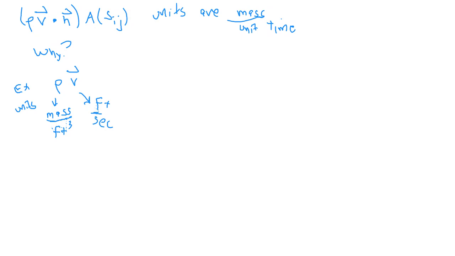So what's going to happen is that this becomes mass per feet squared times 1 over second. But we could write that as mass per second, in terms of units, divided by feet squared.